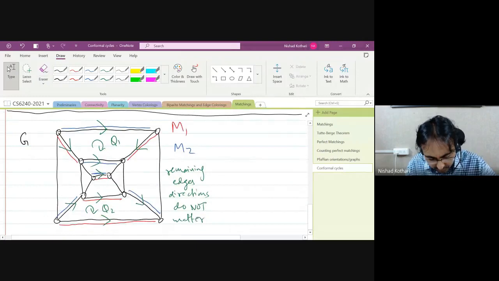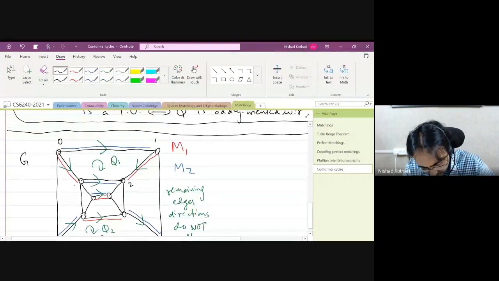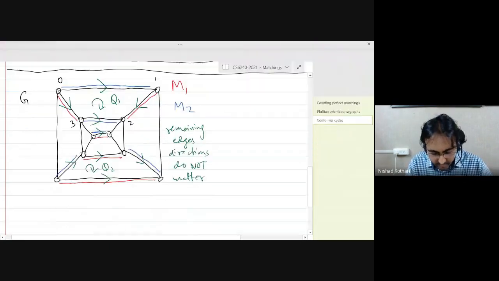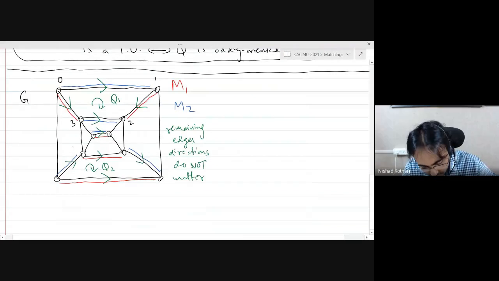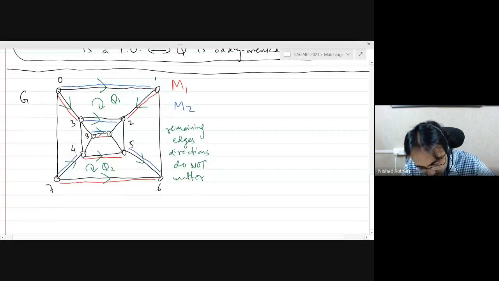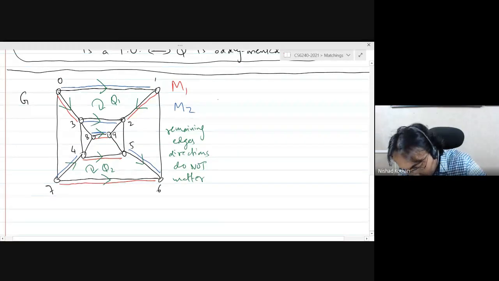So I will call these 4 vertices 0, 1, 2, and 3. I mean, the labels really don't matter. I'm just choosing a convenient labeling. I'll call these 4 vertices 4, 5, 6, and 7. And I will call these 2 8 and 9. Okay. And now I will compute the signs of these perfect matchings.